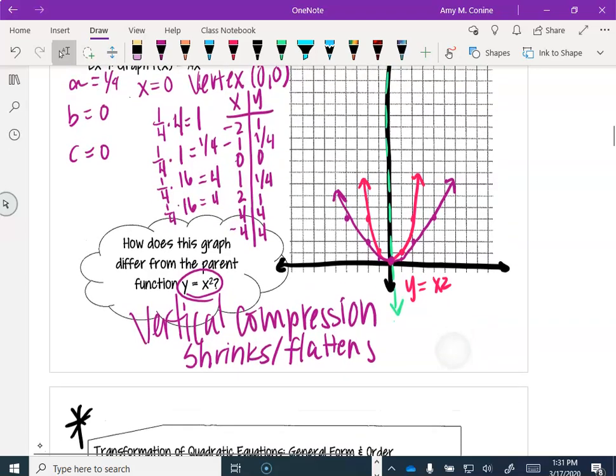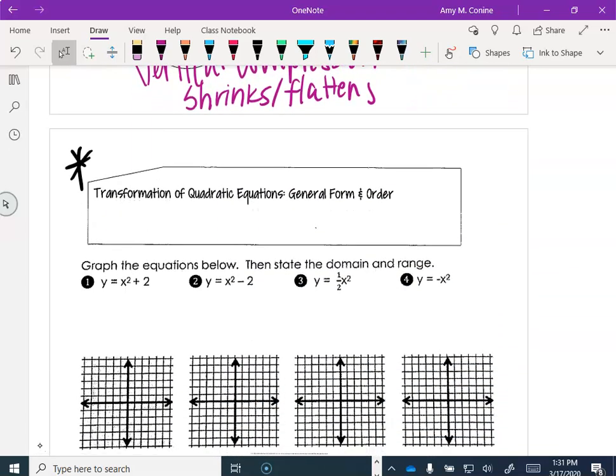All right. So the last thing I want to talk about real quick is the transformation of these equations, your general form and order. We're going to use this a little bit when we hit graphing again. So what you'll have is y equals, you have an a, which is the same a that we always use. The b is not the same, so don't get confused.